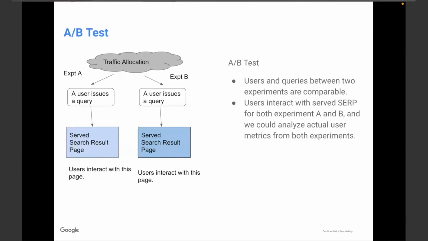Let's say we allocate 50% of the traffic to experiment A, and then 50% of the traffic to experiment B. Because the traffic is randomly allocated, we can somewhat assume the user cohort experiencing experiment A is the same as those treated in experiment B. This is a typical A/B test setting, which means by observing how users interact with the two settings, we can interpret the difference as the treatment effect.